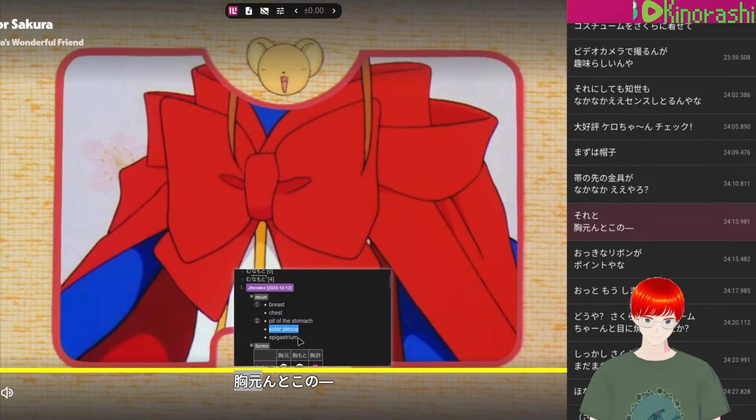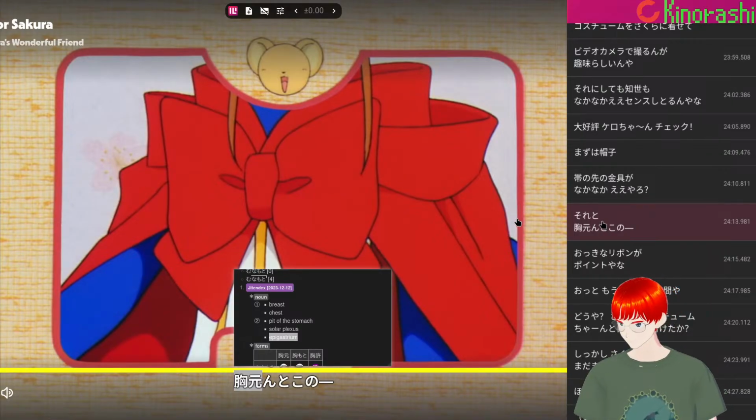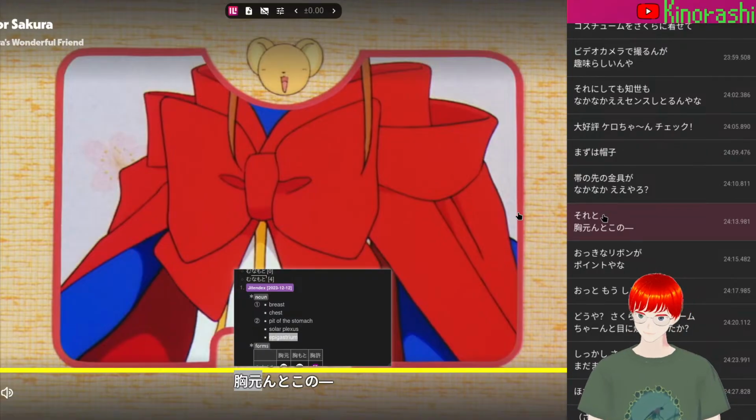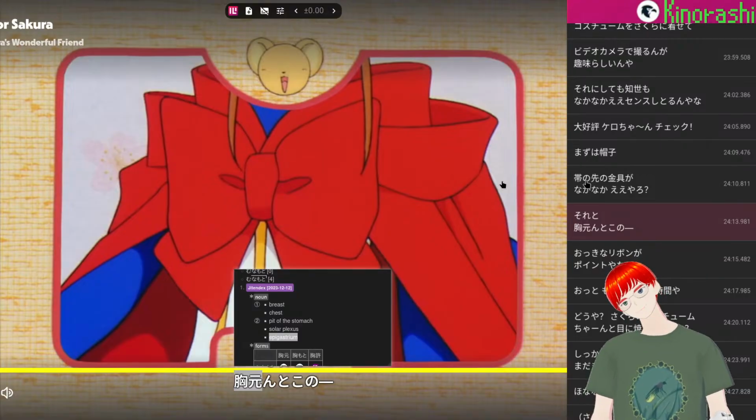Pit of the stomach, epigastrium, is the upper central region of the abdomen. Okay, so upper abdomen area.